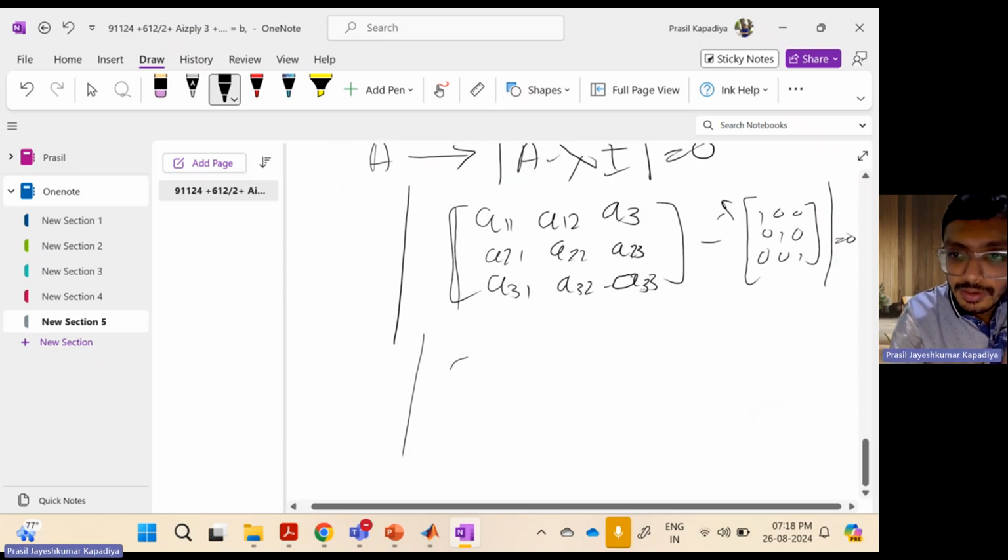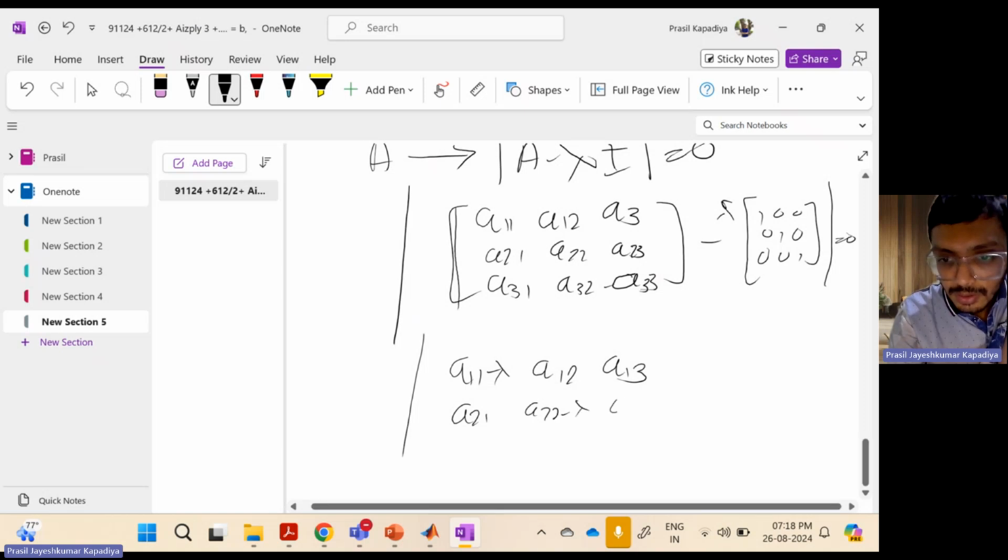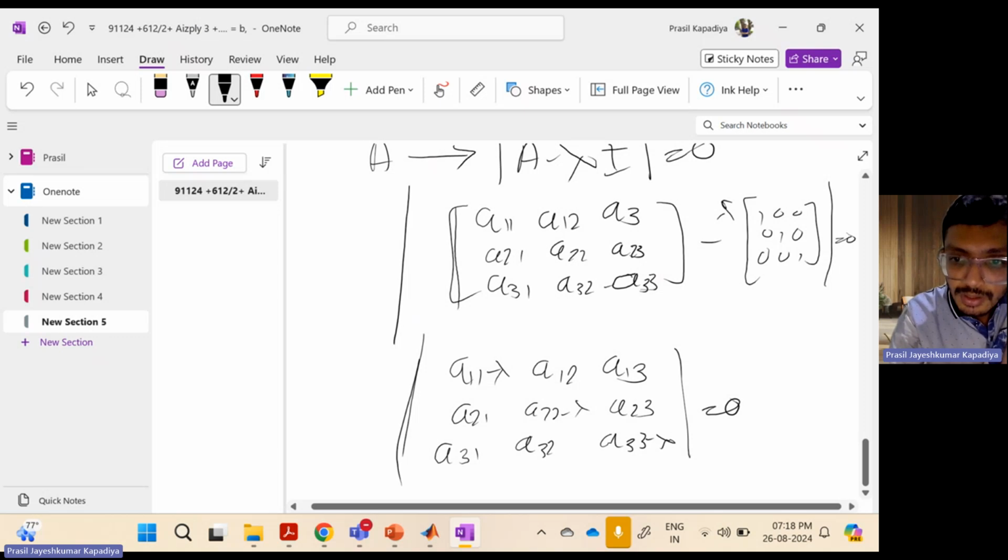So this becomes A11 minus lambda, A12, A13, A21, A22 minus lambda, A23, A31, A32, A33 minus lambda, equal to 0. This is the determinant, and all these coefficients we know, so we can calculate the eigenvalues.